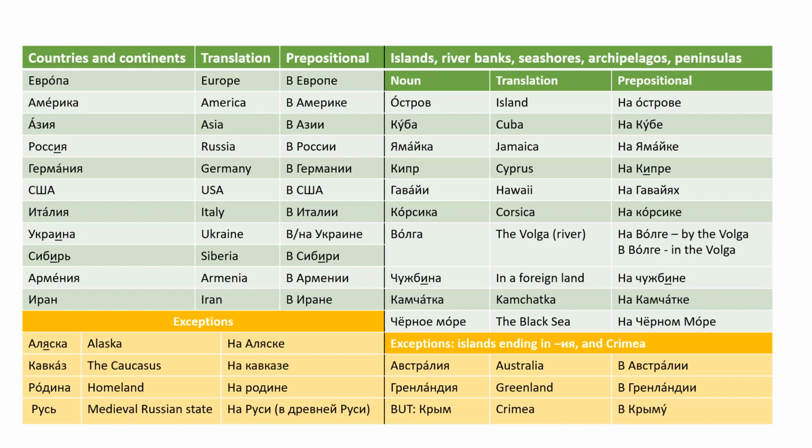But if you wanted to say inside the Volga, so if there's a fish in the Volga, or sometimes if there's a boat or anything in the water, it would be v Volge. Then na chuzhbine, in a foreign land, na Kamchatke, in Kamchatka, which is a region in Russia near Vladivostok, and then na Chornom more, in the Black Sea. But if it was a fish again in the Black Sea, then it would be v Chornom more.